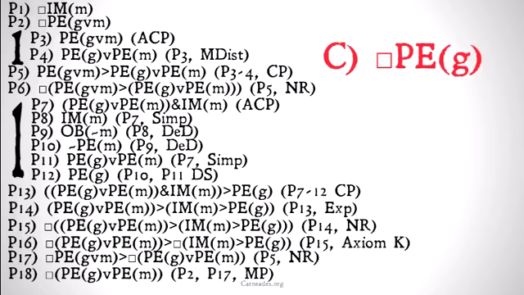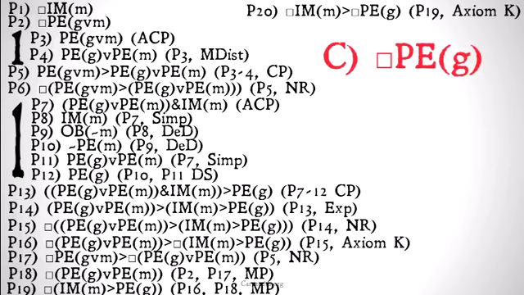Then we are going to use premise 2, premise 17, and modus ponens to get it's necessary that it's permissible that G or it's permissible that M. Then using 16 and 18, we can get it's necessary that it's impermissible that M implies that it's permissible that G. Axiom K this time will distribute our necessity. Note that we couldn't have done that earlier because it was in the confines of a larger statement. And then using 1 and 20, modus ponens will get it's necessary that it's permissible that G.